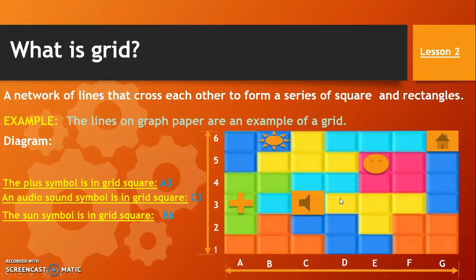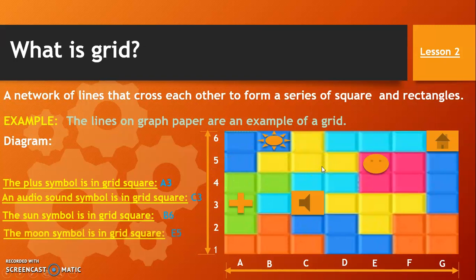The sun symbol is in grid square B6. This is the B vertical column and this is the 6 horizontal row. So both the B vertical column and the 6 horizontal row combine to make the B6 grid square, and the sun symbol is placed in grid square B6.